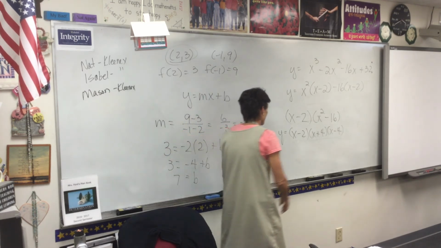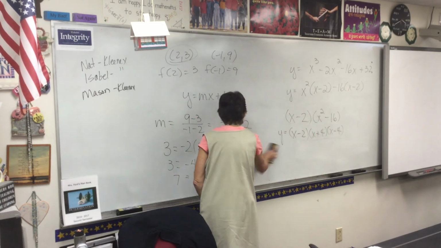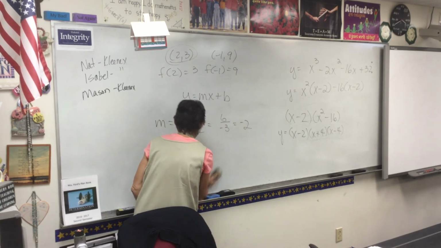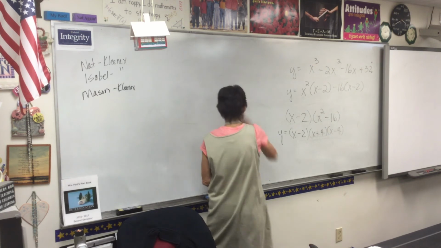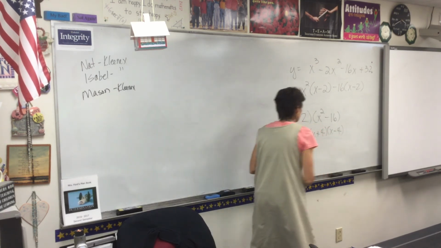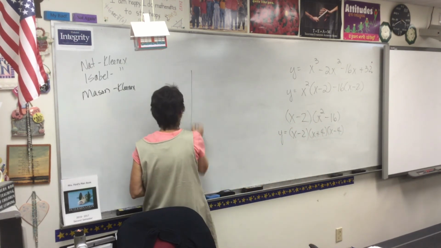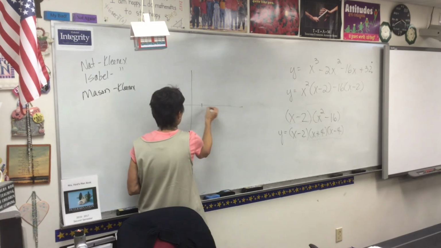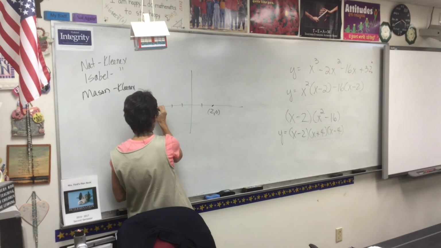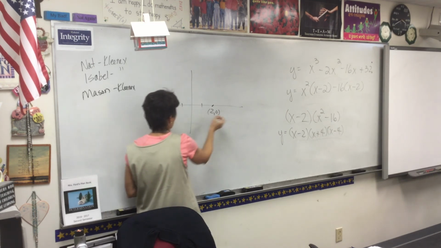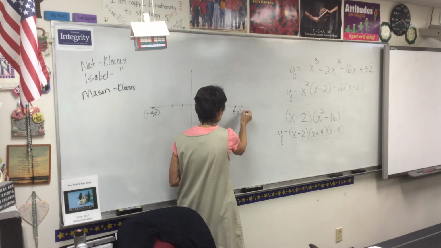Okay, now we need to sketch it. So we have it factored. The nice thing about this one is there's no squares. I mean, there's no like factor squared. So it's just a plain old cubic curve that goes through 2, 0, -4, 0, and 4, 0.